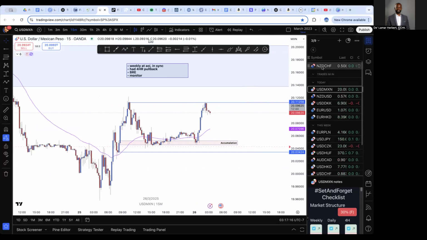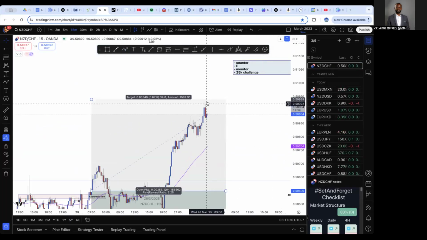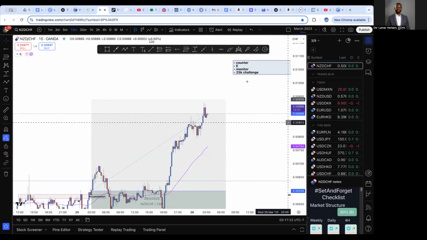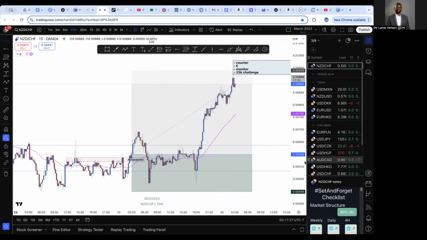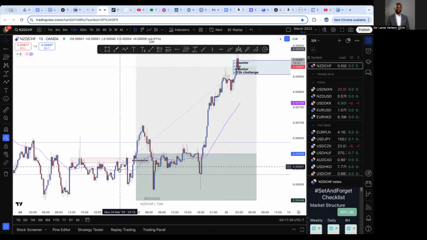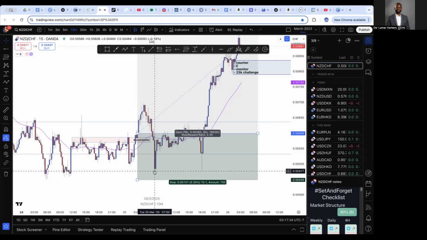I will go over NZD-CHF because, as you can see, NZD-CHF has just about almost hit my take profit, passing this 25K challenge. I was a little discouraged yesterday because I set this play up and then I saw price kind of go down. It almost hit my take profit, and then I said, man, whatever.